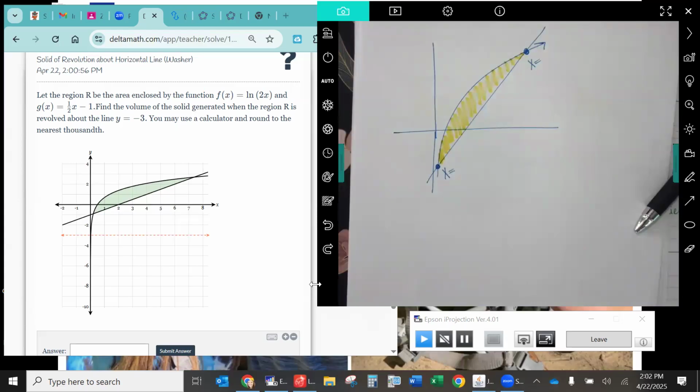So ln 2x, and then 1/2 x minus 1. It's the first of the washers. So first thing you need are those intersections. Remember, you have to go to 3 decimals or it'll be wrong. And remember, it's second trace 5 for the intersections.